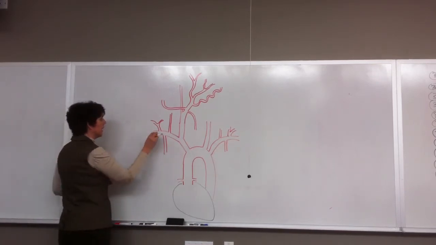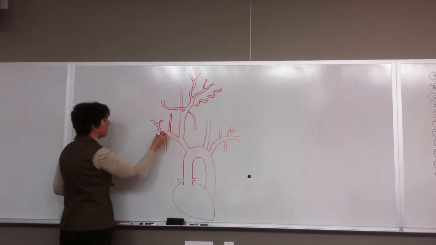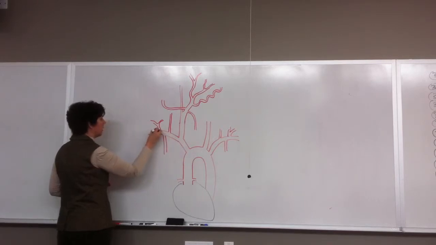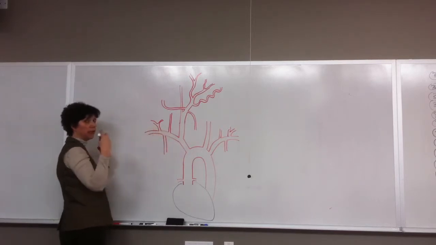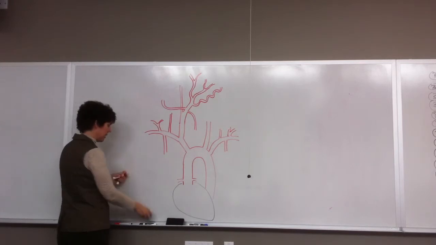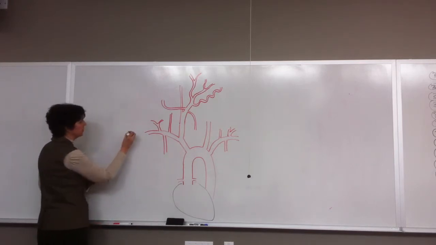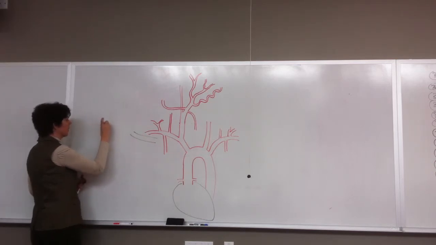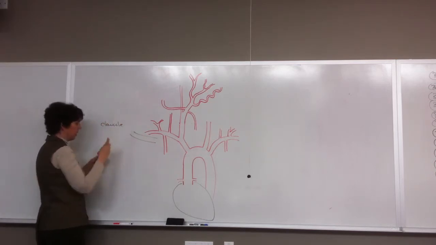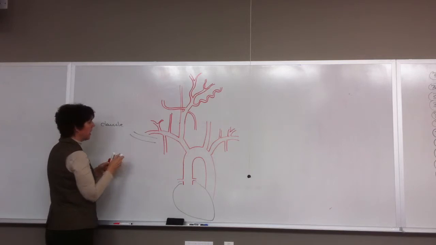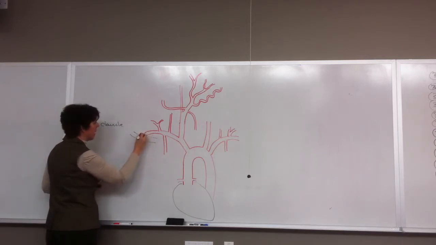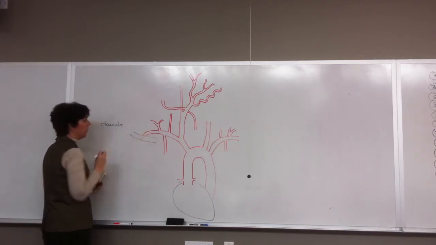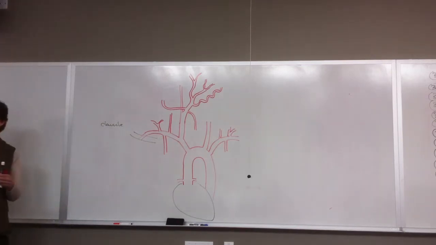So subclavian artery on both sides is going to pass laterally across the root of the neck and pass deep to the clavicle. And when it passes on the distal side, the inferior border of the clavicle, it changes name.